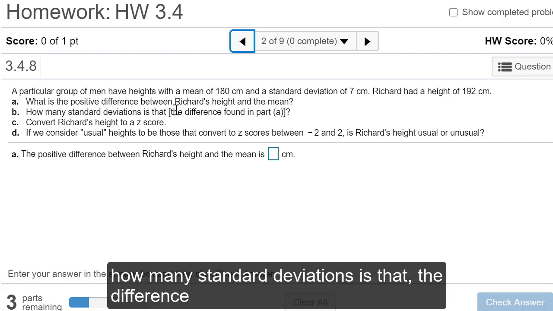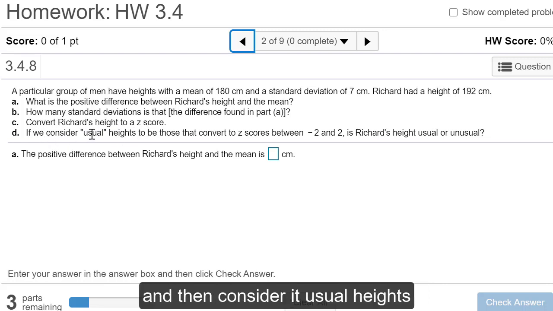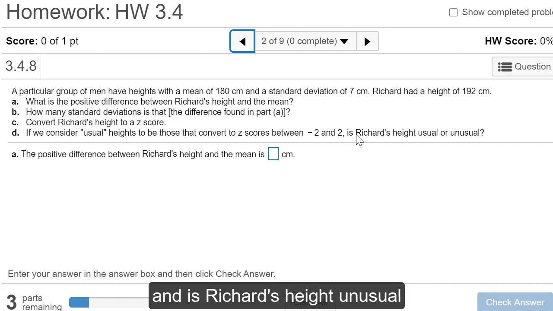How many standard deviations is that difference? Convert Richard's height into a z-score, and then consider usual heights that are between -2 and 2. And is Richard's height unusual?